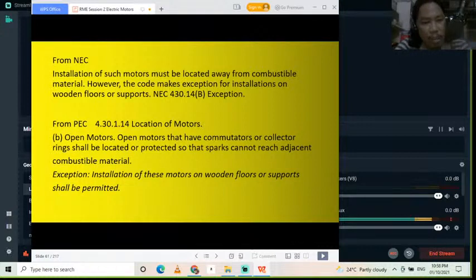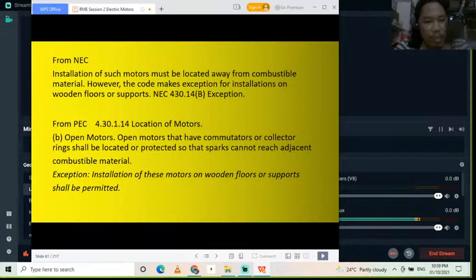And from the PEC, location of motors naman, 4.30.1.14. So, letter B, open motors that have commutators or collector rings must be located or protected so that sparks cannot reach adjacent combustible material.